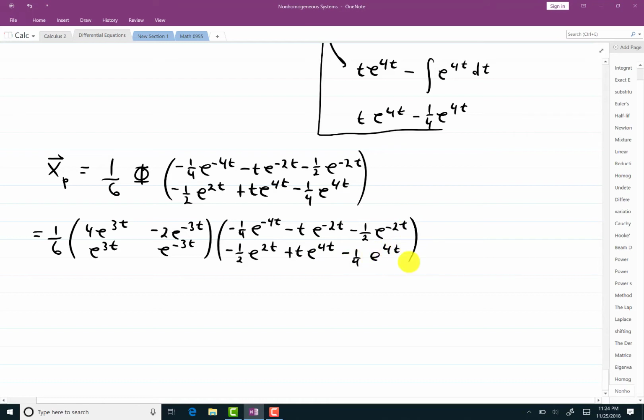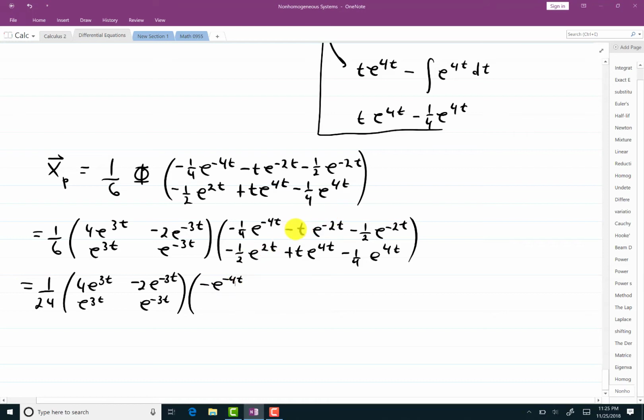Now what I'm going to do before I do this calculation, these things are bad enough without having to play around with fractions and all that kind of stuff. I'm going to take out a negative 1/4. Or maybe I'll just take out a 1/4. And that way I'll put out a 1 over 24 here. That way I'll have a negative e to the negative 4t. This way I won't have fractions.